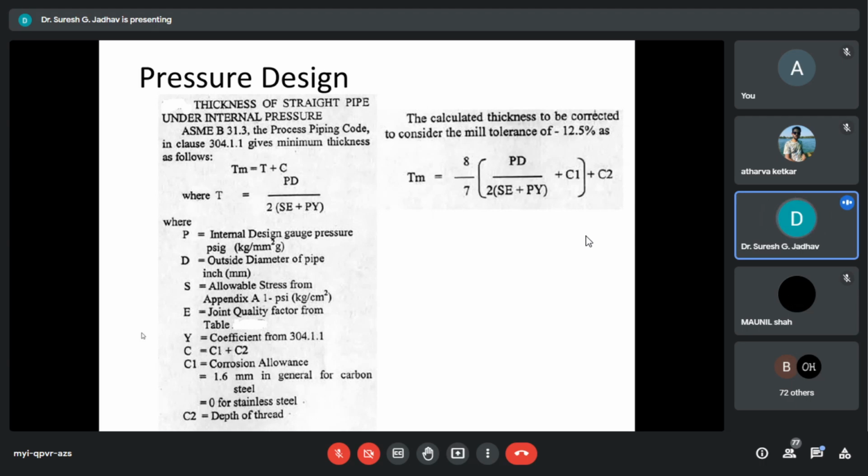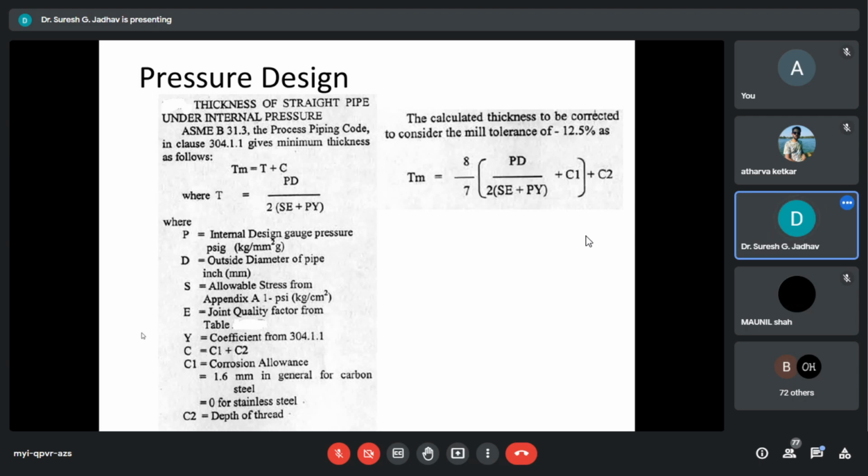So here we take the data of threads, and once we have calculated the thickness, it is corrected considering the millimeter tolerance, that is 12.5% of minimum thickness.